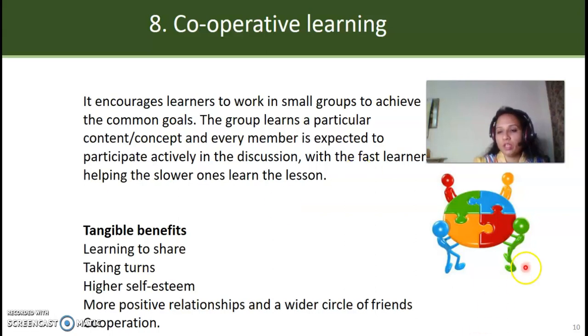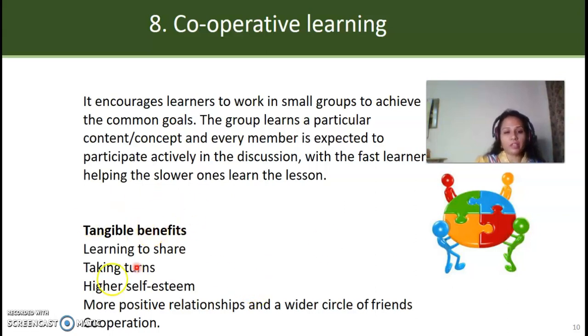For example, you can see in this picture that there are 4 persons and they have completed a puzzle. Each of them is holding one piece of the puzzle, and finally they put it together and come to the solution. In such small group activities, the main idea is that fast learners help the slow learners during the lesson.